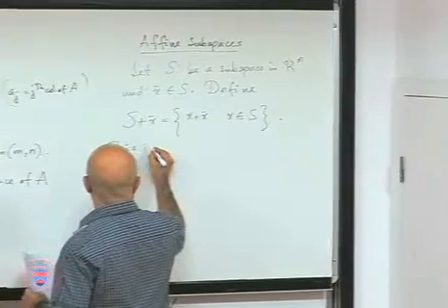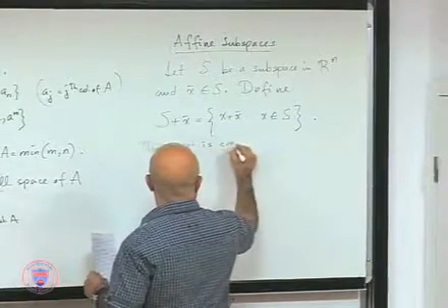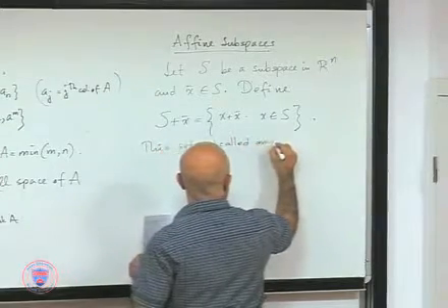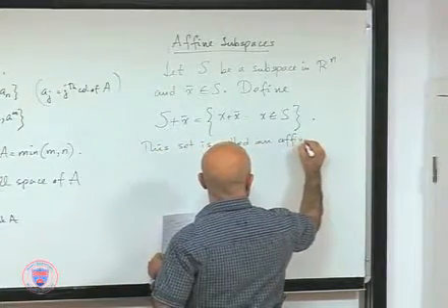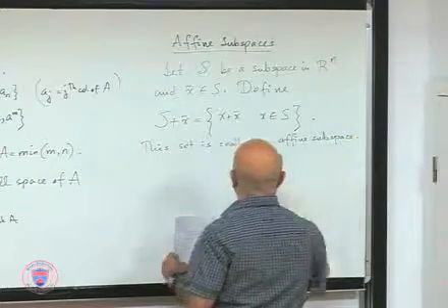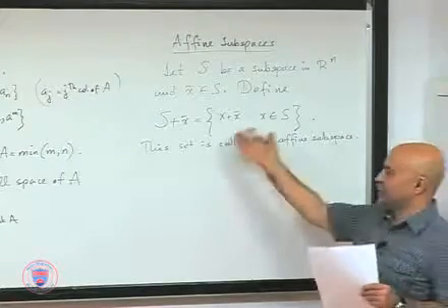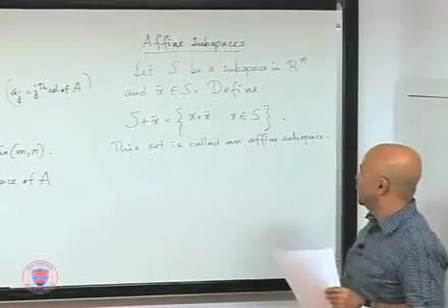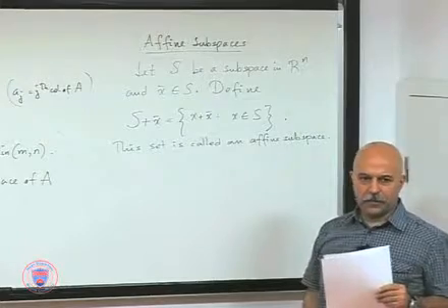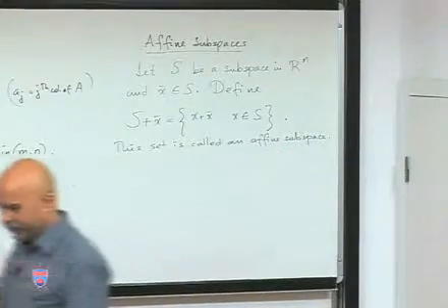Such a set is called an affine subspace. If x bar is the origin, of course, this is the same as your S. But if x bar is a non-zero point, then you have a new set.